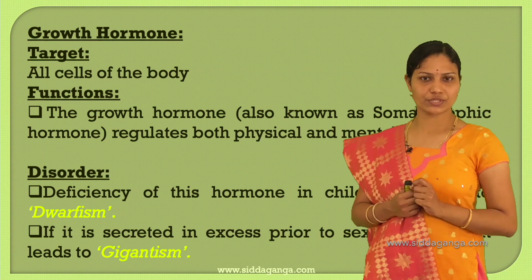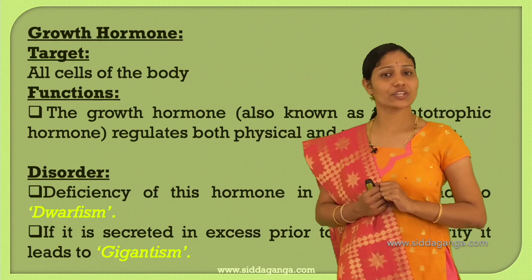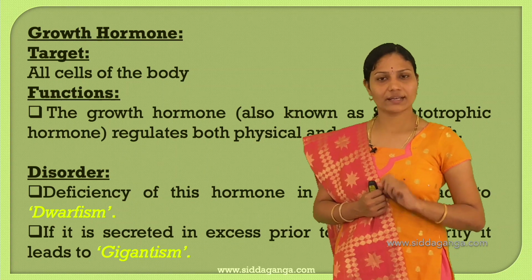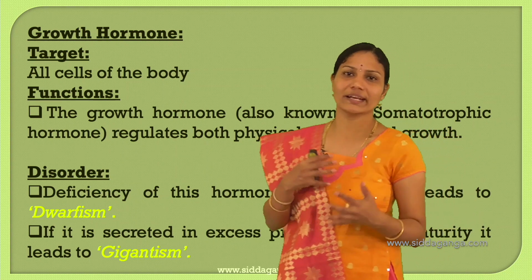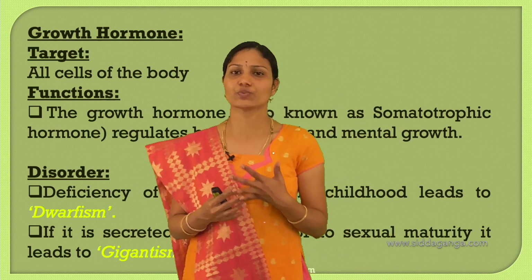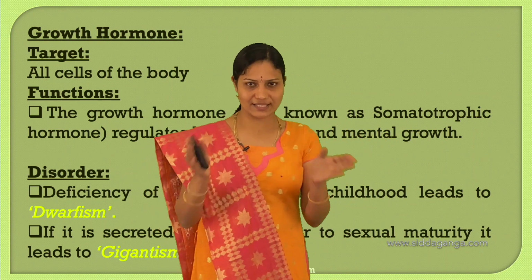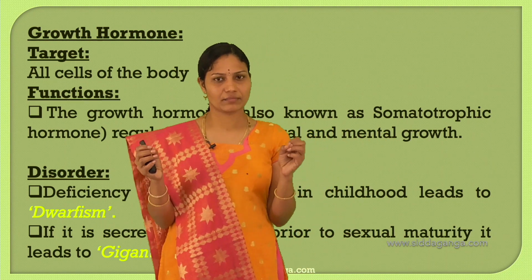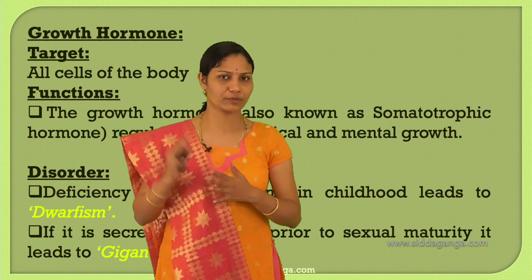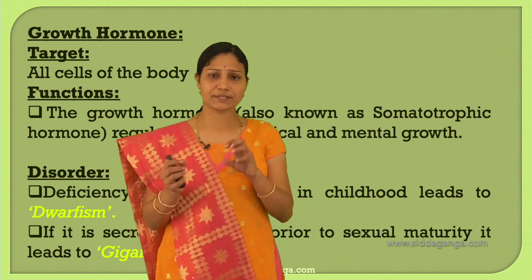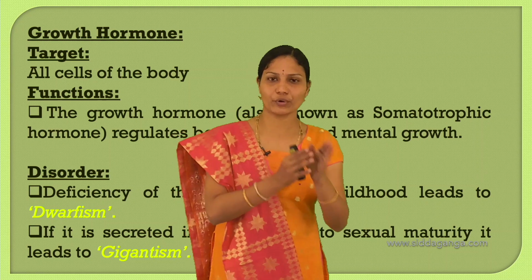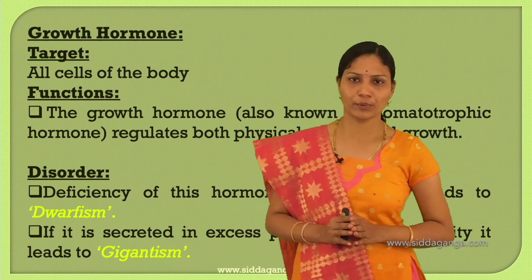There are some hormones which are very active during our childhood days. There are certain hormones that get stimulated and activated once we reach puberty. And there is a set of hormones that are almost not active after puberty. There is a particular timing. At some point of time, some hormones are very important.